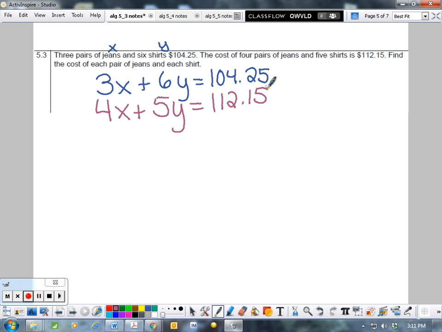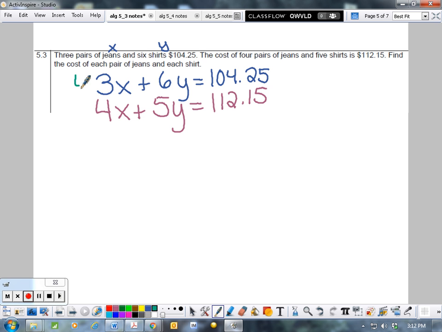And so now I have my system set up just like the elimination method. My x's line up, my y's line up, my equal signs line up, my numbers line up. And so now what I want to do is I want to try and either get my x's to cancel or my y's to cancel. Now I like smaller numbers, so I'm going to try and get my x's to cancel. So if I have a 3 and a 4, I want to turn both numbers into 12.